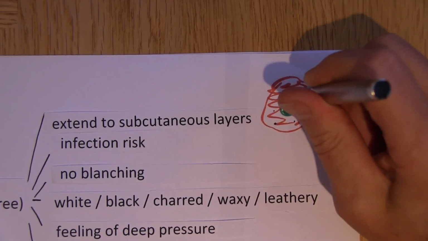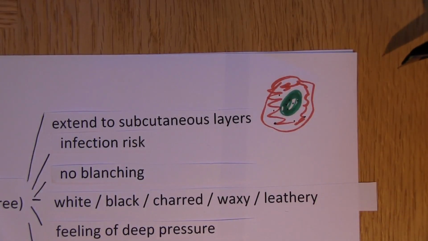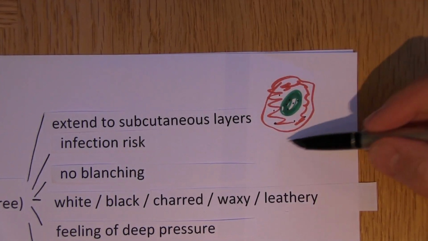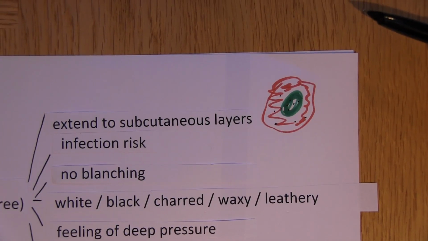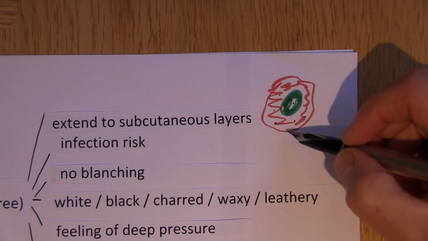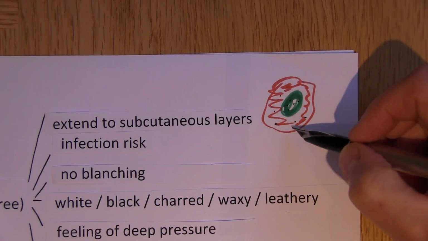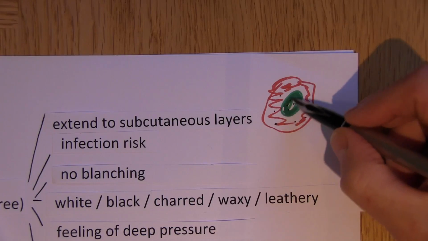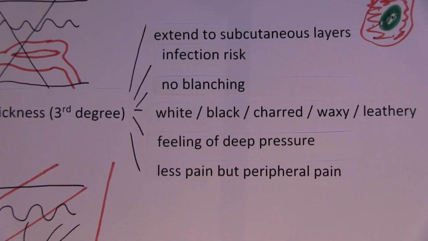But in the middle it will feel just a feeling of pressure, meaning we're able to identify which parts of the burn are full thickness and which parts of the burn are partial thickness. And of course the painful areas, the surrounding areas with the nociceptors will be very painful, whereas the area in the middle, the full thickness area of burn, will be less painful.